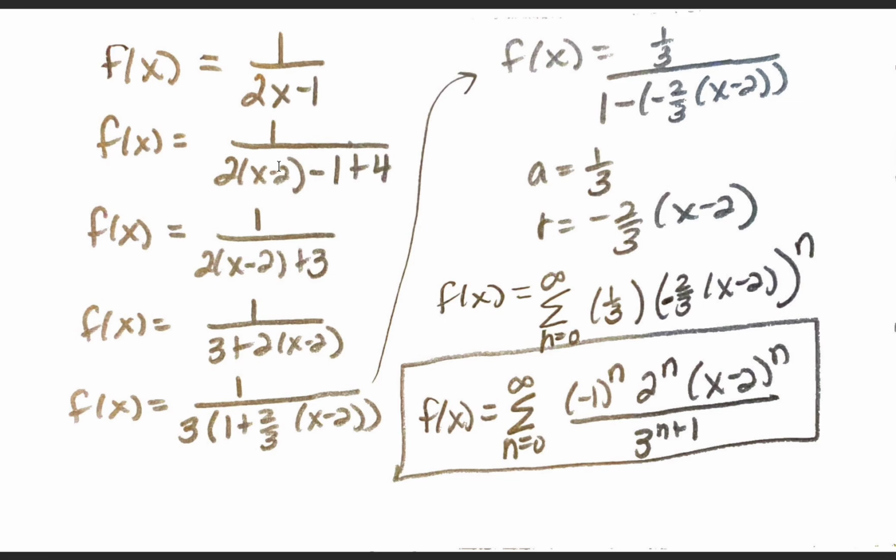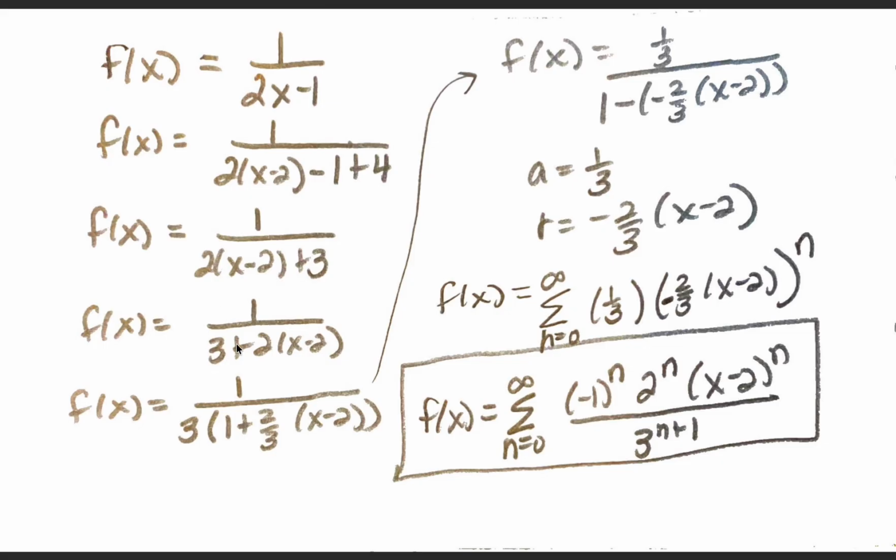We have a minus 4 that appeared from nowhere, so we have to add a 4 to counter that effect. Therefore, the whole denominator becomes 2 times x minus 2, plus 3. And rearrange that to make it easier to do the next part, we get 1 over 3 plus 2 times x minus 2.